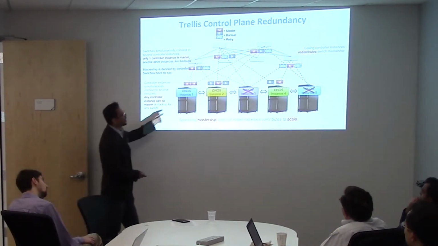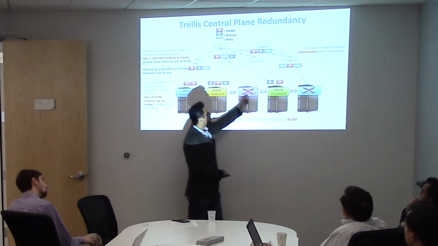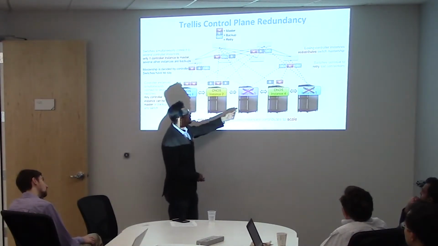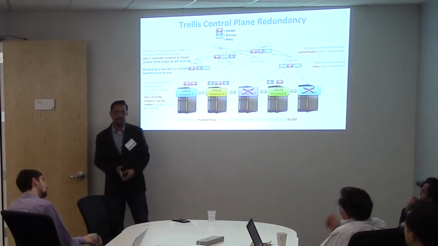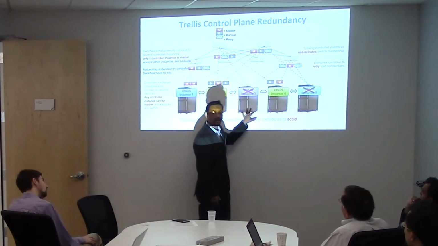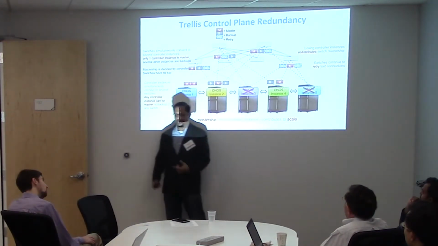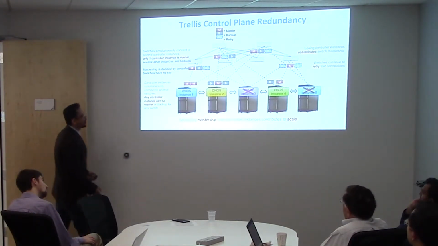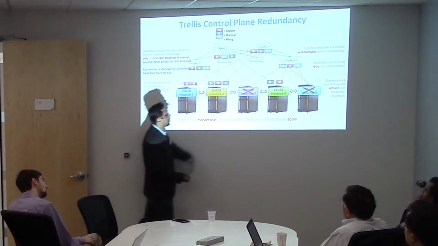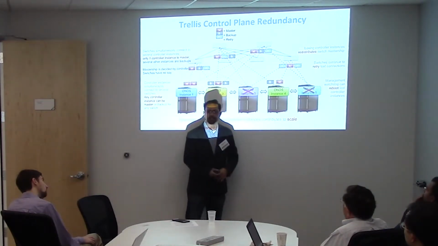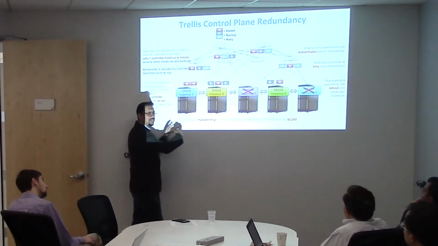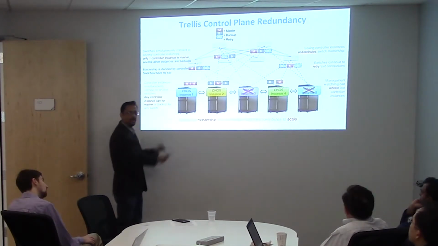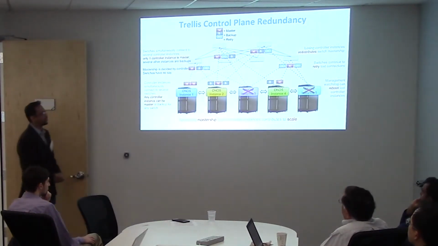The switches that have lost connectivity to the instances that have gone away keep on retrying those lost connections, so once these instances come back up, they automatically reconnect to the controllers. You can also have a watchdog, for example, that will bring back these instances. So the same way that we achieve scale is the same way that we achieve control plane redundancy.